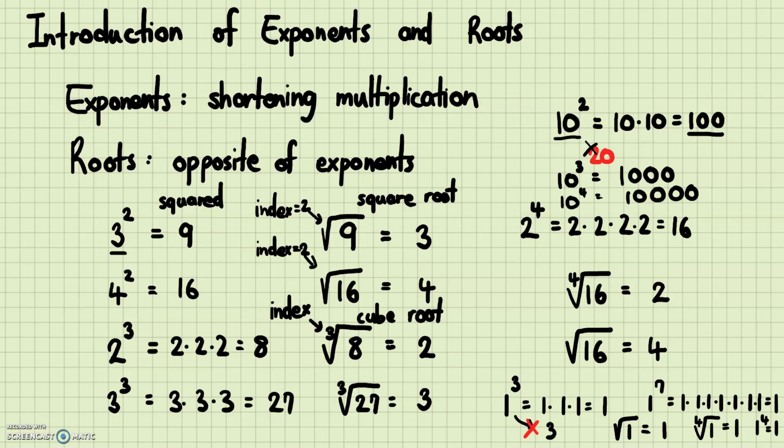And you'll see the pattern that the number of zeros in the answer equals the exponent, right? So there are 2 zeros for 100, which correlates to the power of 2 that the 10 has been raised to. There are 3 zeros here for the power of 3. There are 4 zeros here for the power of 4.